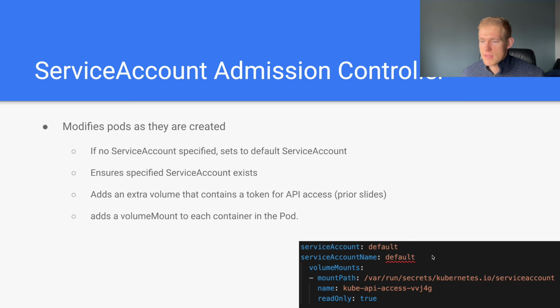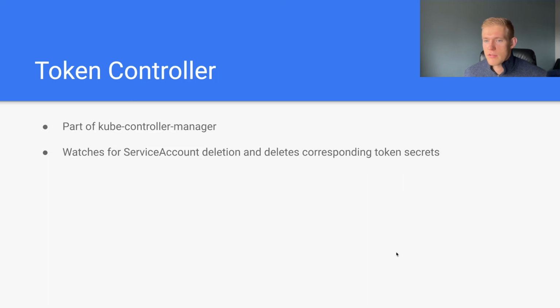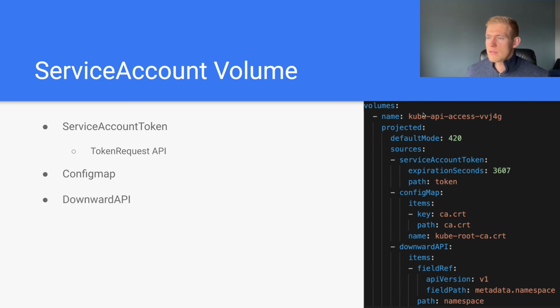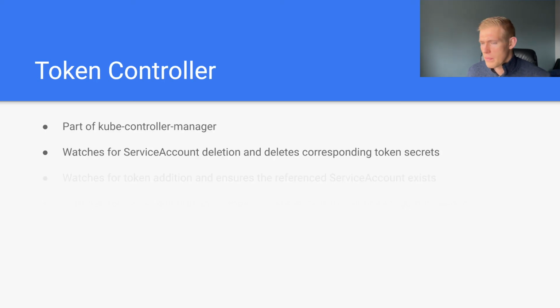So we can see we set the service account to default, service account name to default, and then under volume mounts, we specify the mount path and then the name of the volume that we're going to mount. So in this case, Kube API access actually refers to this volume that we specified earlier. If this is a default service account, all of these fields are actually added to the pod definition by the admission controller.